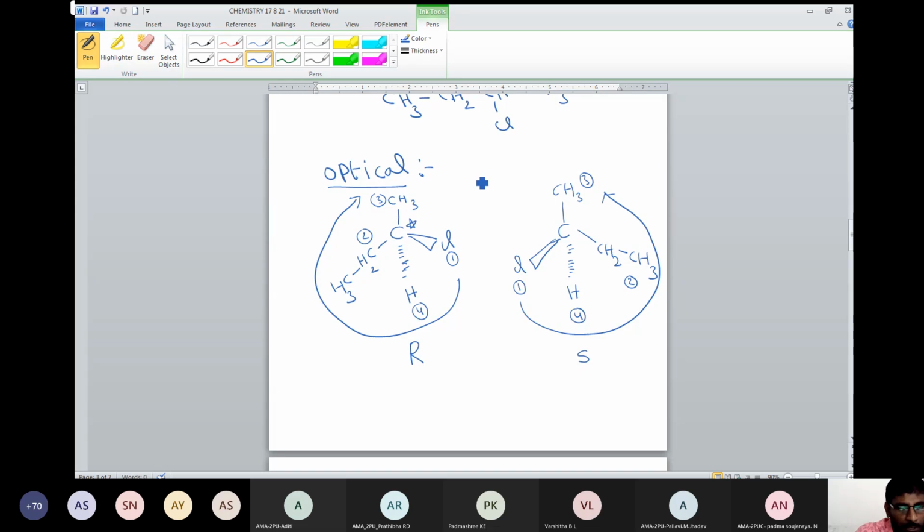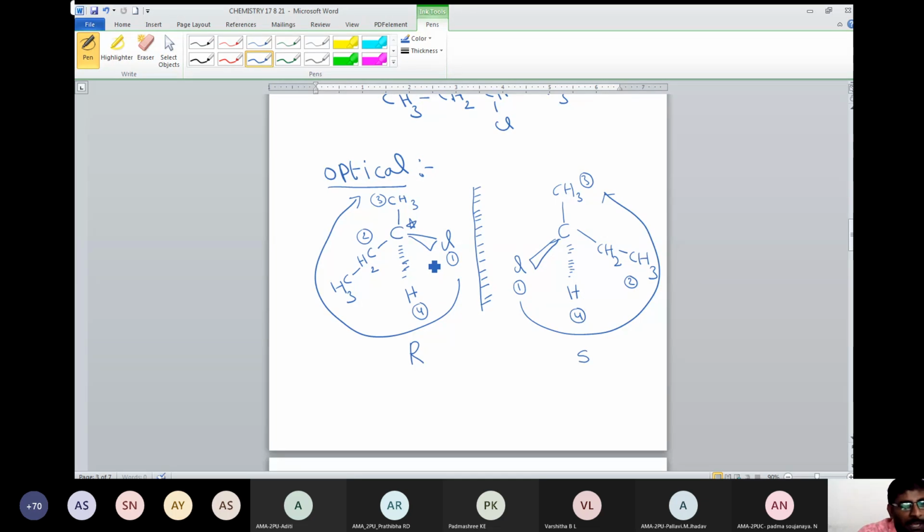So observe these two molecules. These two are mirror images. If we place the first molecule in the mirror, it will be visible like this. So both are mirror image molecules. One is the R isomer, another one is the S isomer. So whenever carbon is a chiral carbon, haloalkanes also will show optical isomerism.